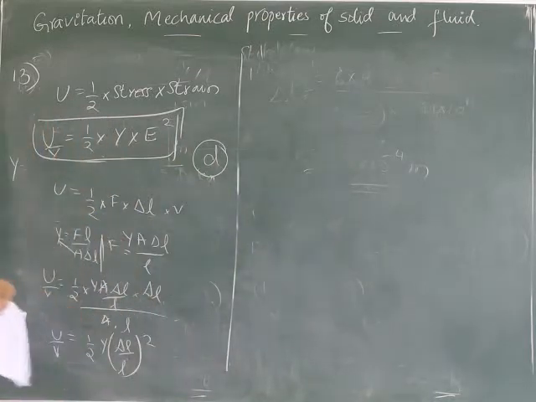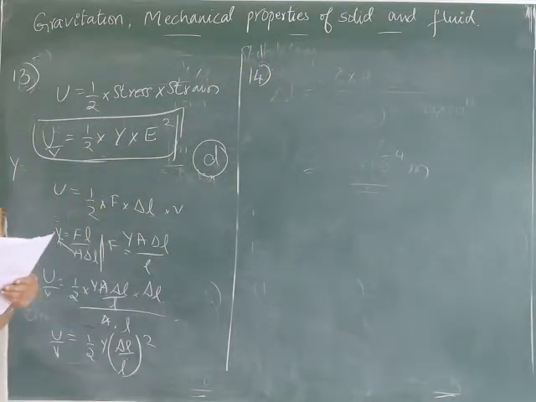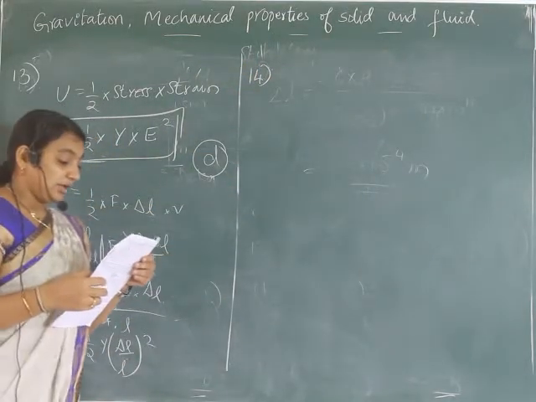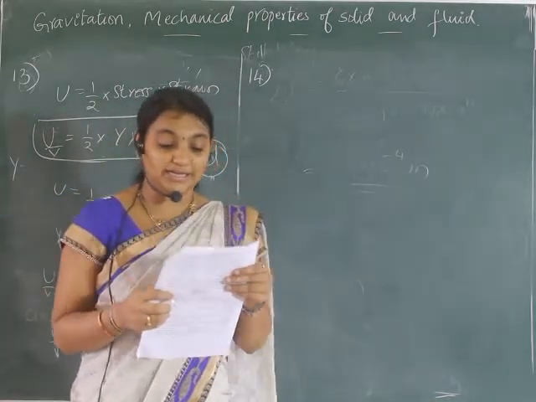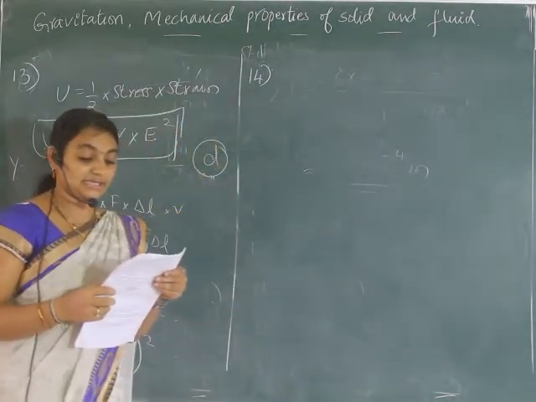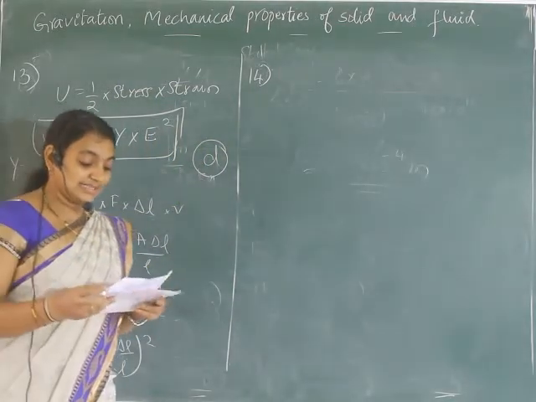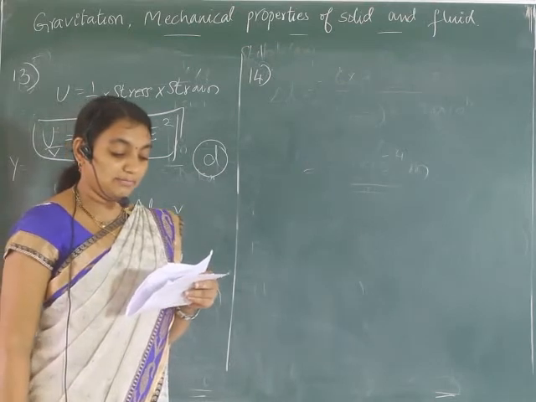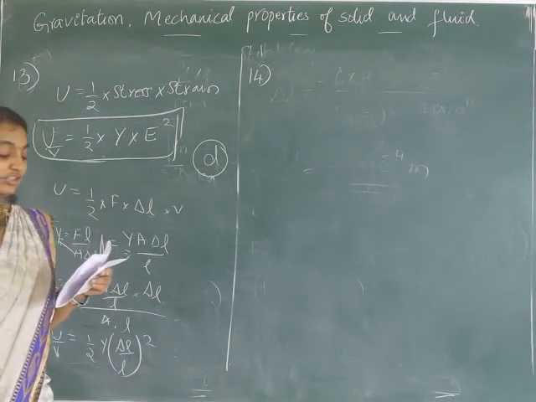The next problem is the 14th one. Can you help me for the 14th problem? A uniform steel bar of cross-sectional area A and length L is suspended so that it hangs vertically. The stress at the middle of the bar is, rho is the density of the steel.